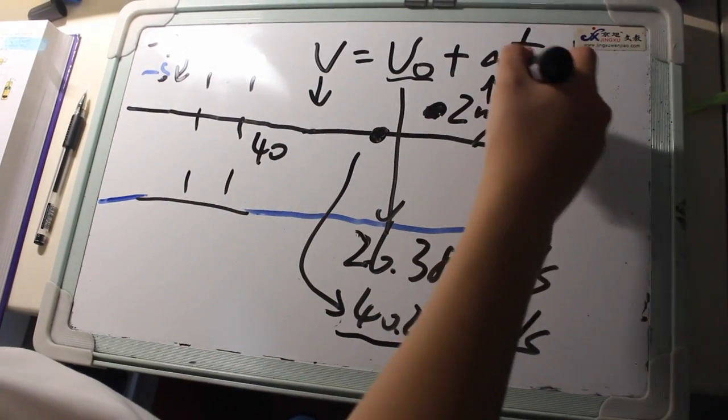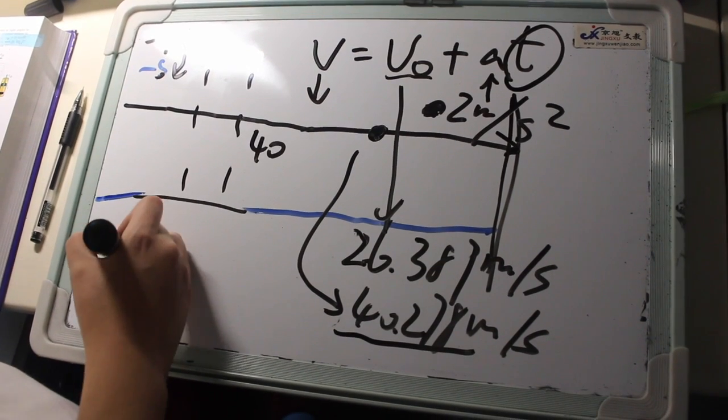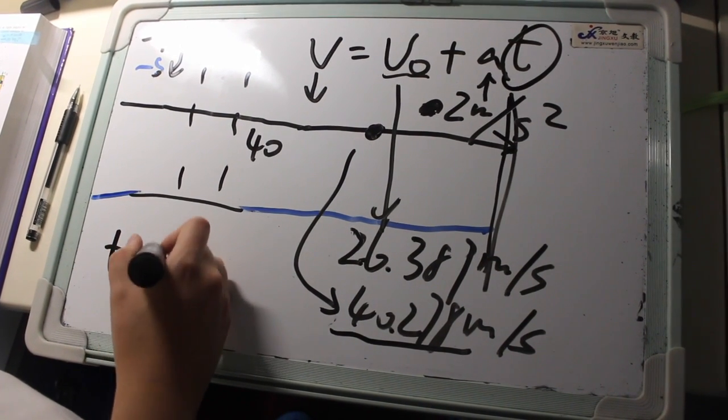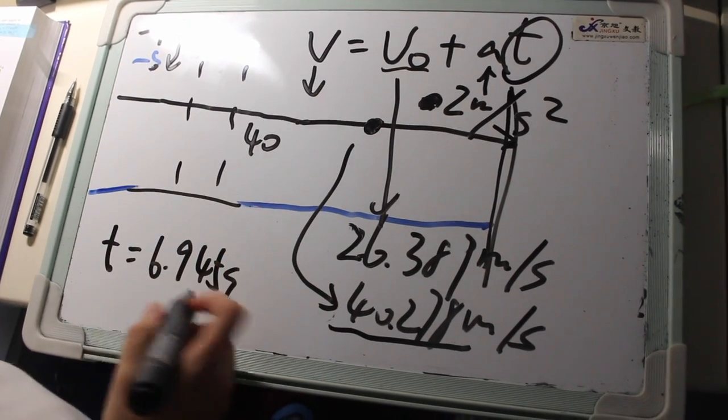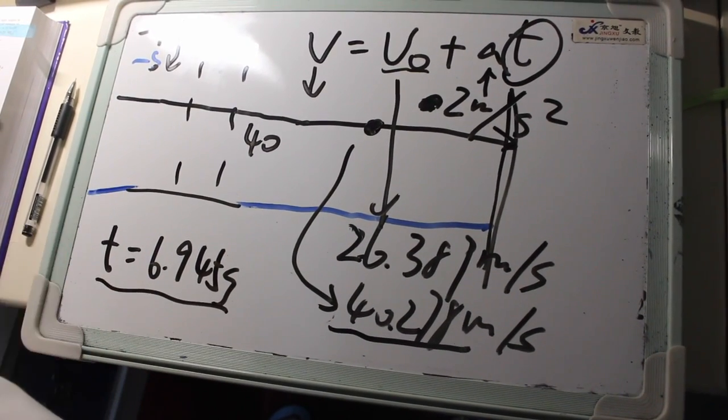So we can get the t. The t equals 6.945 seconds. But to have the same speed is not our purpose. We must let the police car have a greater speed than the speeder.